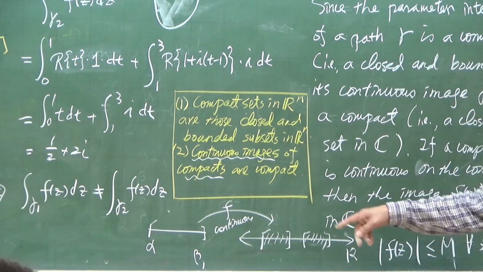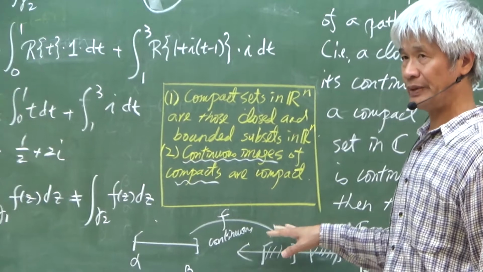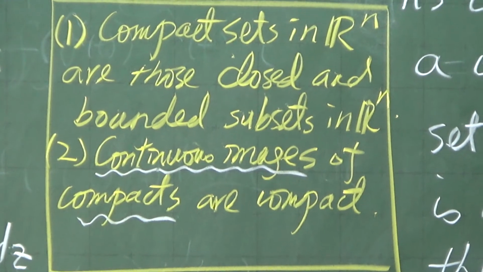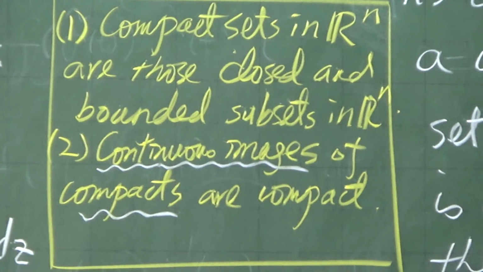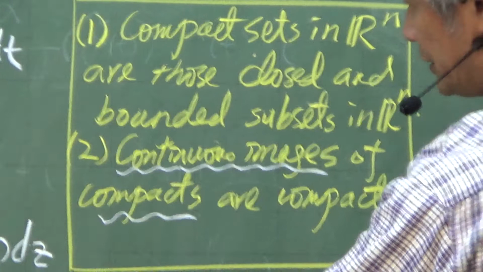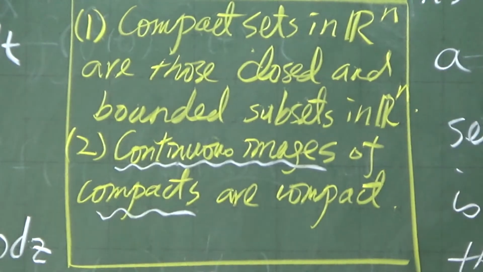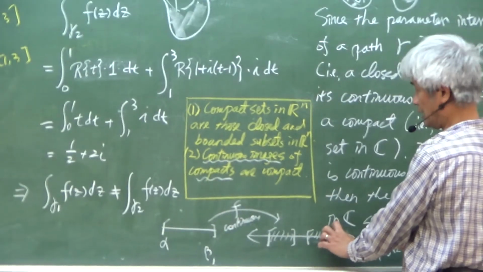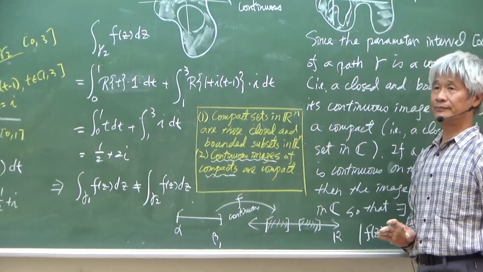So this is basically the extreme value theorem: if you have a continuous function from a closed finite interval, then its range has a maximum value as well as a minimum value.